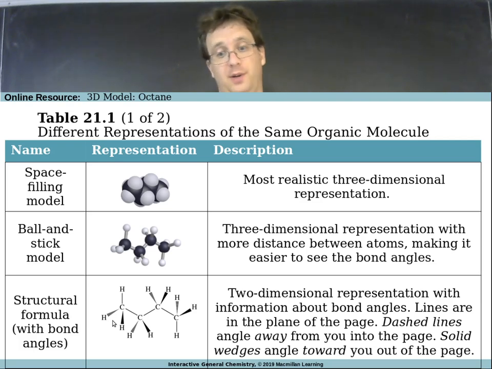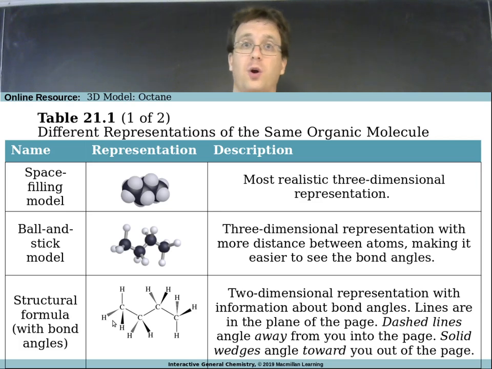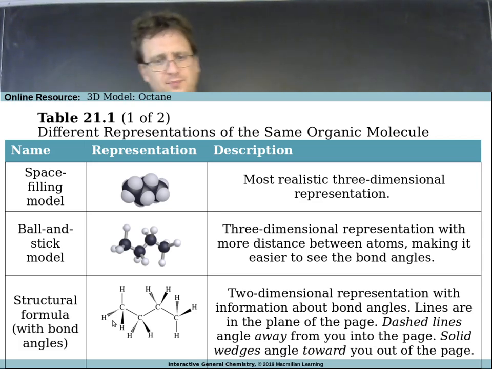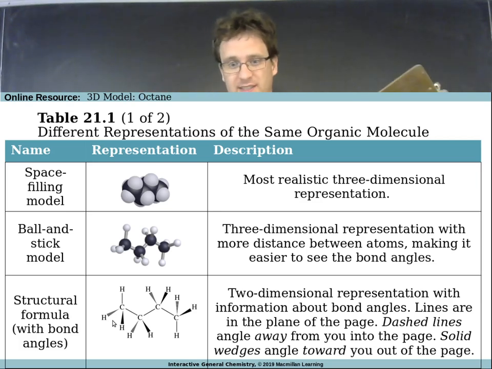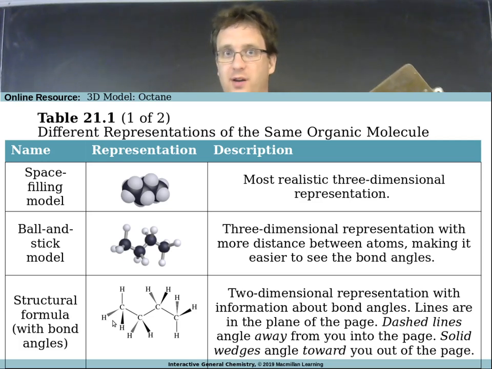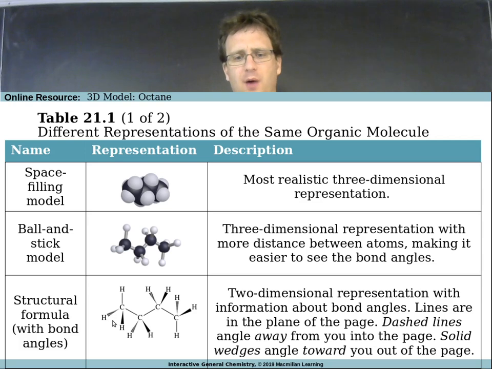For example, here it's very obvious that there are 4 carbons. Those obviously need to be rendered by a computer or perhaps by a very skillful artist. But we'll move soon into the sorts of representations that you can draw by hand.